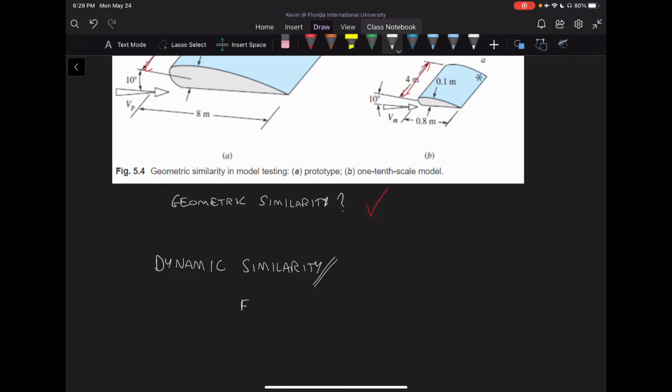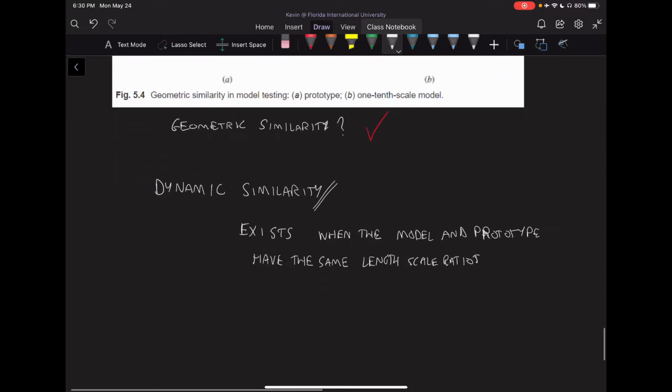And I'm going to write this down so that we have it in our notes, but this exists when the model and prototype have the same length scale ratios, time scale ratios and force scale ratios.